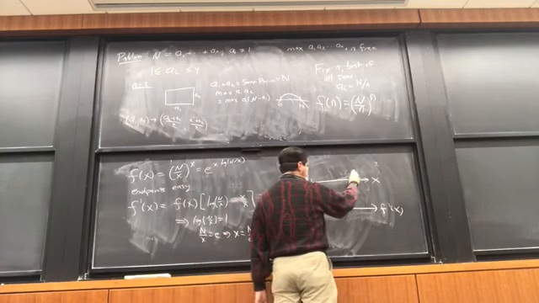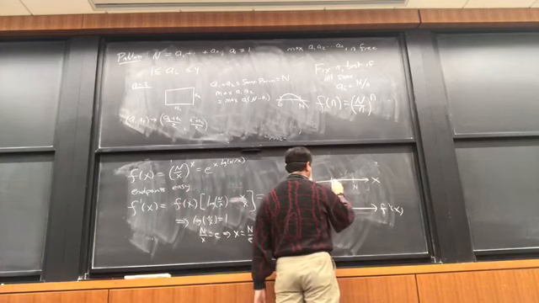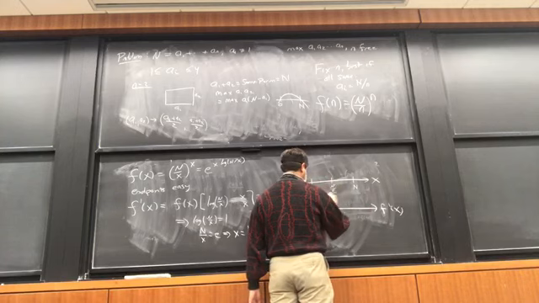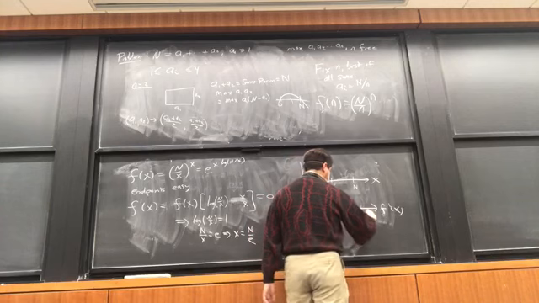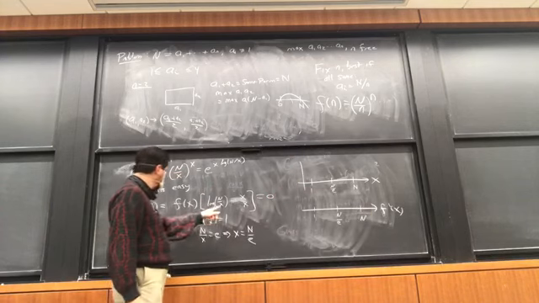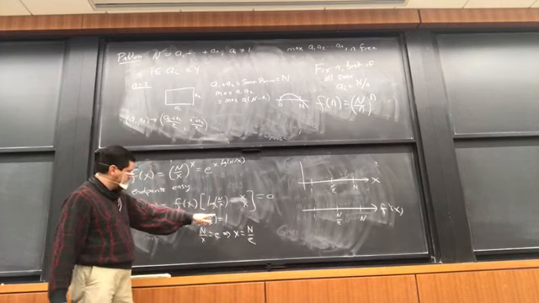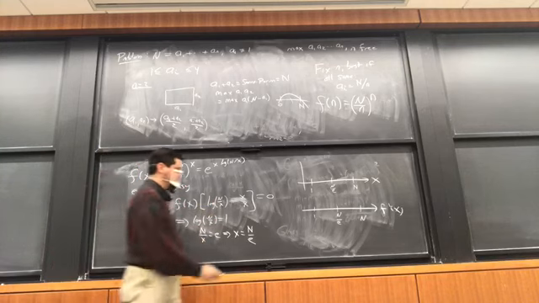So what are the key points? We have 1, we have n, and not to scale, we have n over e. We know that at n over e, the first derivative is equal to 0.